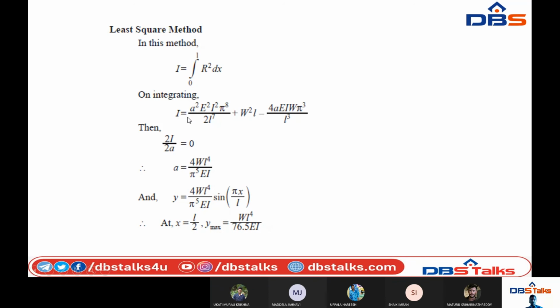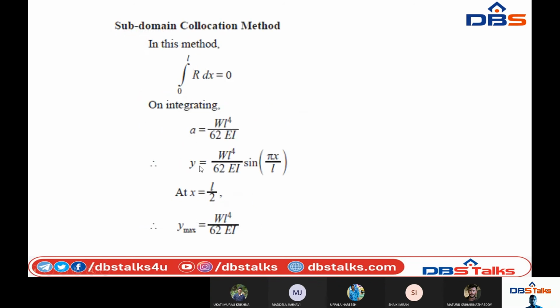I'm taking that value in this equation, r square, minus w. Then dI by dA equal to 0. After simplifying that equation, we get dI by dA equal to 0. Therefore, A equal to 4 WL power 4 by pi power 5 EI.